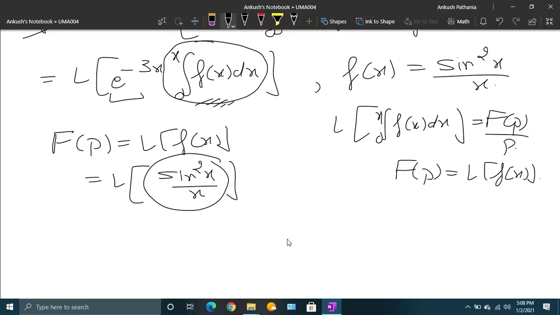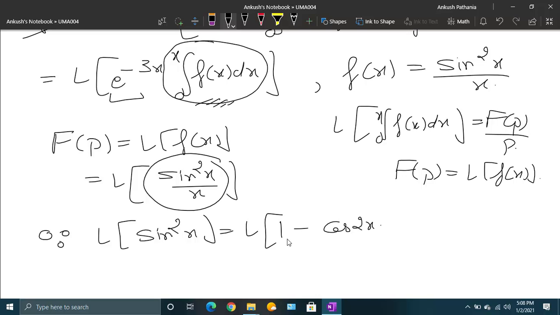First we start with the Laplace of sine square x, and for sine square x we need to change it into the form of cos, that is (1 minus cos 2x) upon 2.